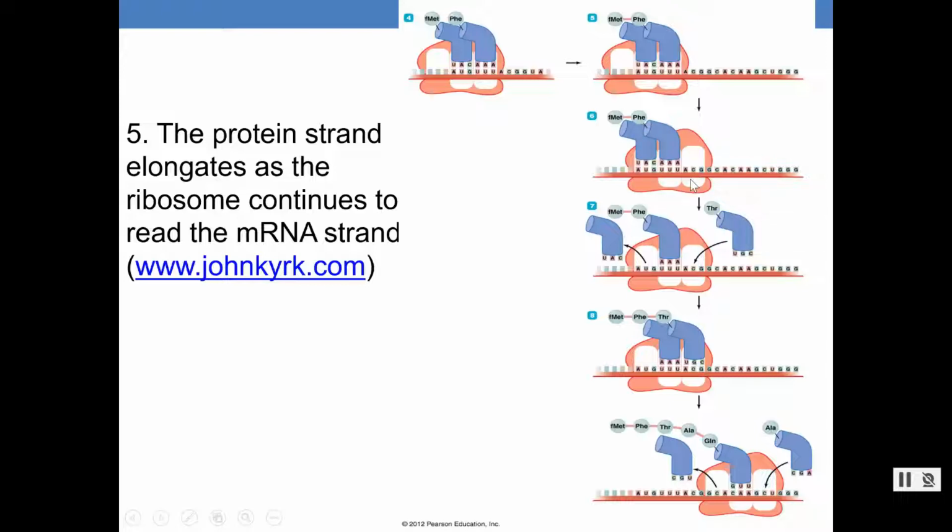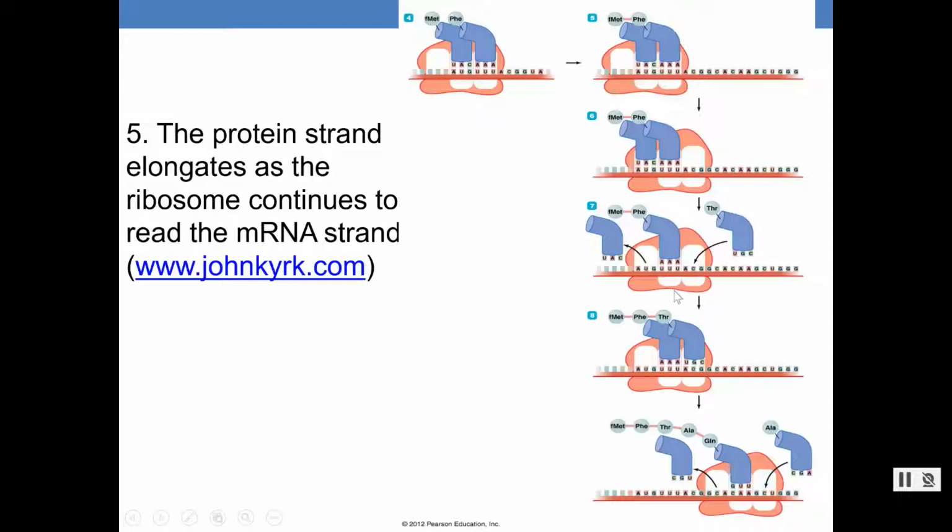So the ribosome has moved across the mRNA, and now I have an A window open. What's going to happen now? Well, whatever fits with this codon, the tRNA with that anticodon is going to come in, bringing its amino acid. The original one left. It doesn't have methionine anymore. It has left. This one comes in.